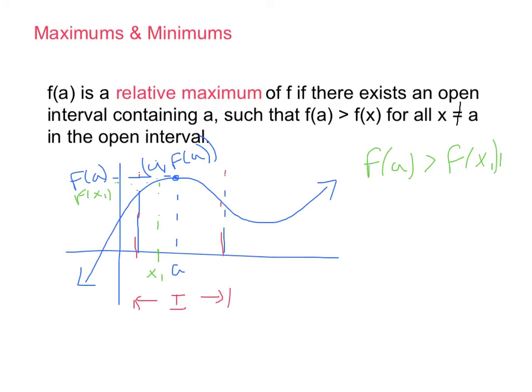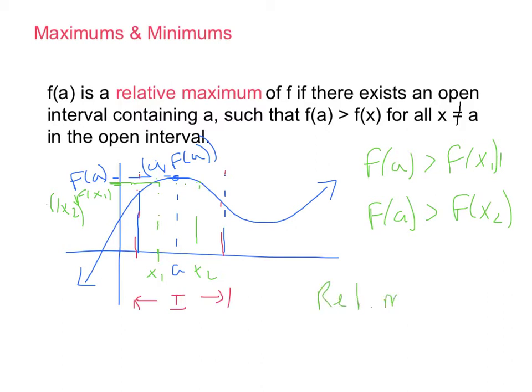And if I pick some other value over here, call it x2, that comes over here. Again, we've got another value, f of x2, and the same thing happens. f of a is still farther up the y-axis than f of x2. That indicates that f of a is a relative maximum.